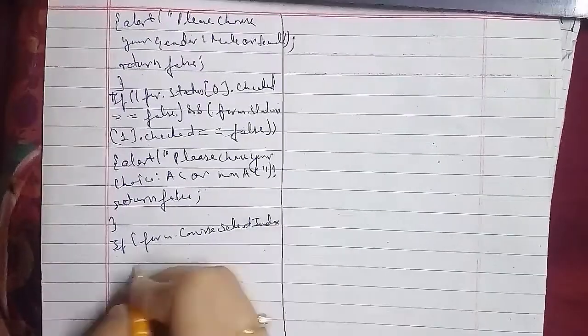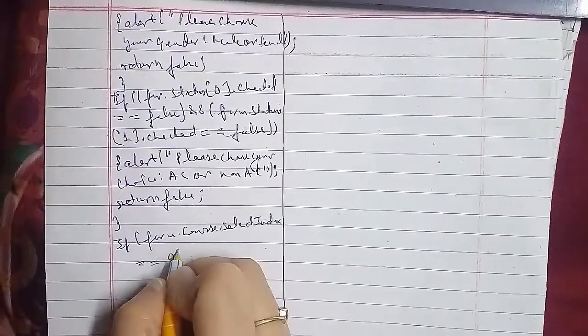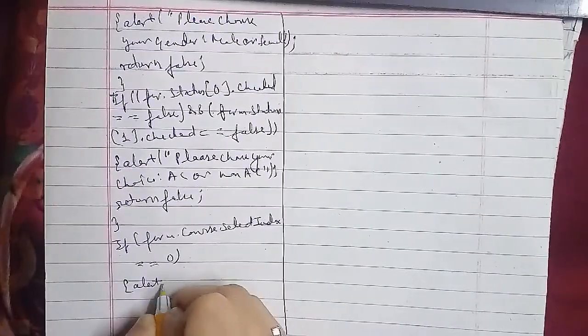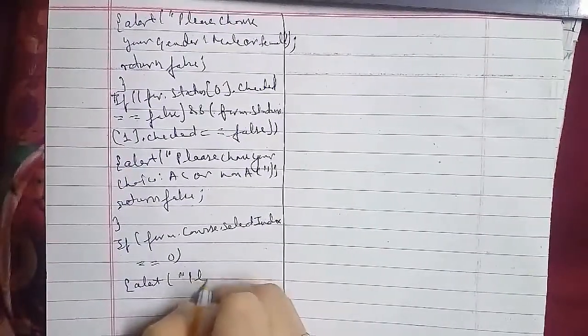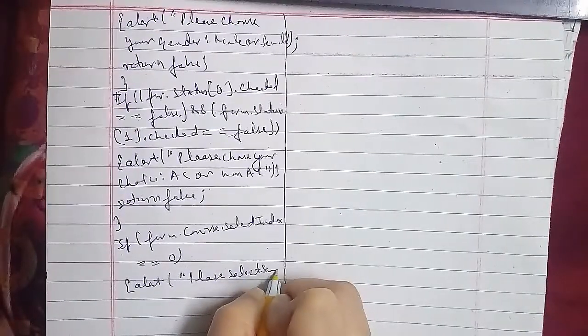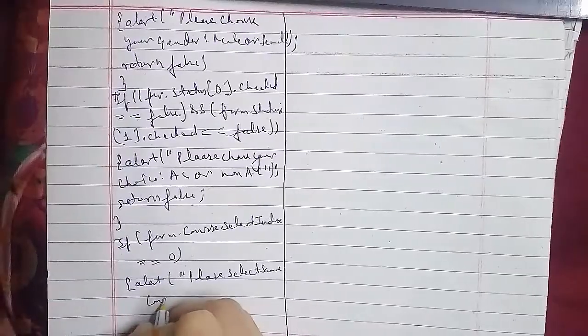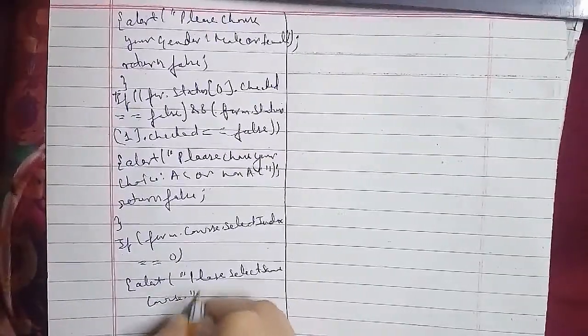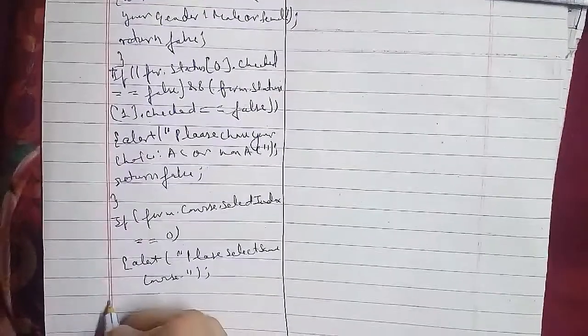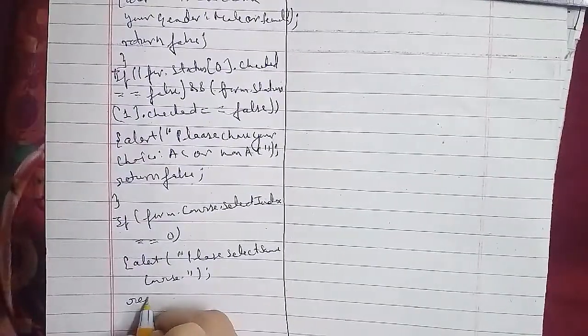For the another one we have input type equals to checkbox, name equals to status, that is AC. Then after that for another one that is for the AC, and that is non-AC.